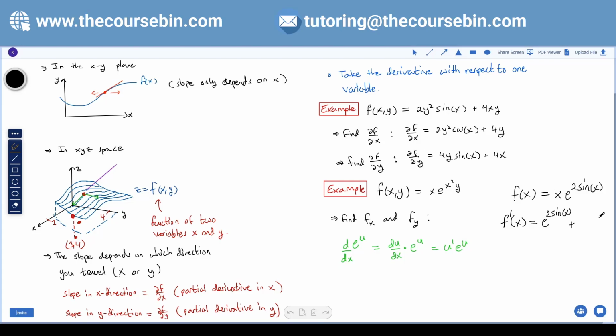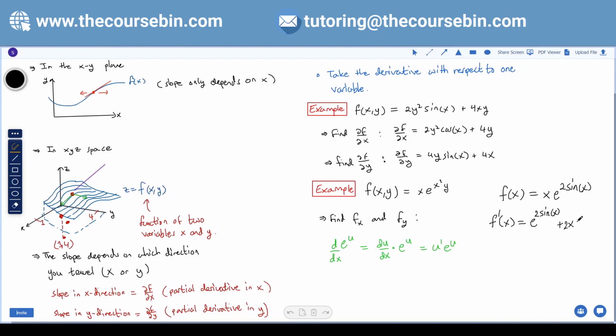First let's put the x back, and our u is the exponent, 2 sine of x. So this would be 2 times x times, the derivative of sine, so cosine, times e to the 2 sine of x. So we're simultaneously applying the product rule and the chain rule.